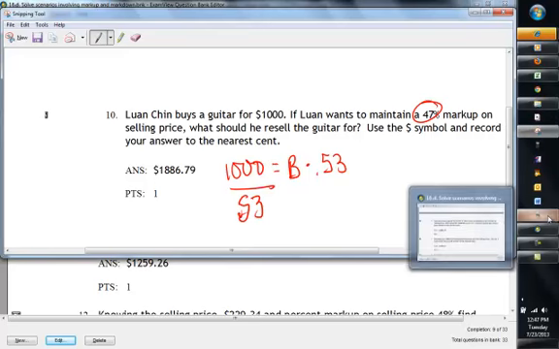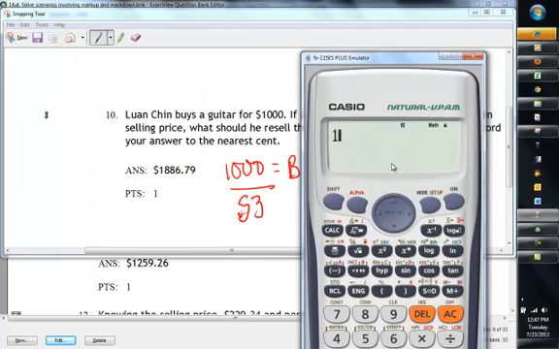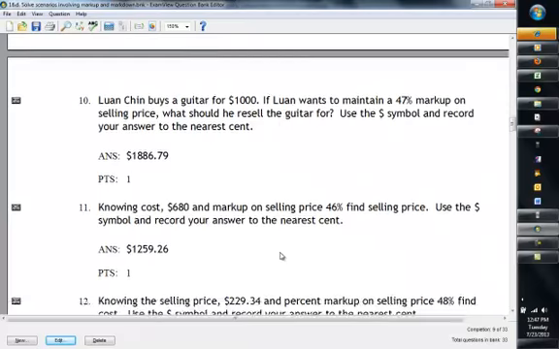And let's see what we calculated it to be. 1,000 divided by 0.53 gives us $1,886.79. Next one.